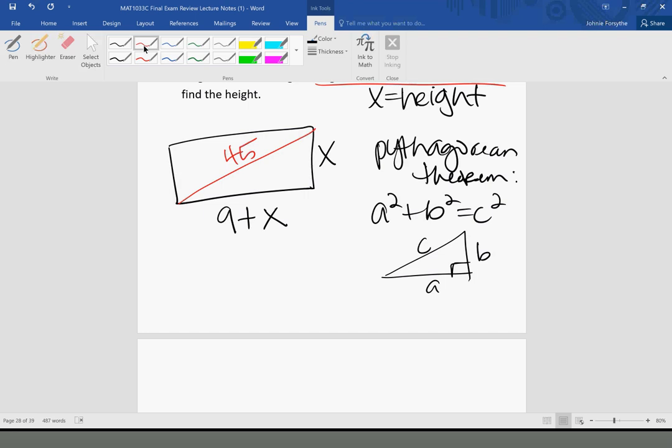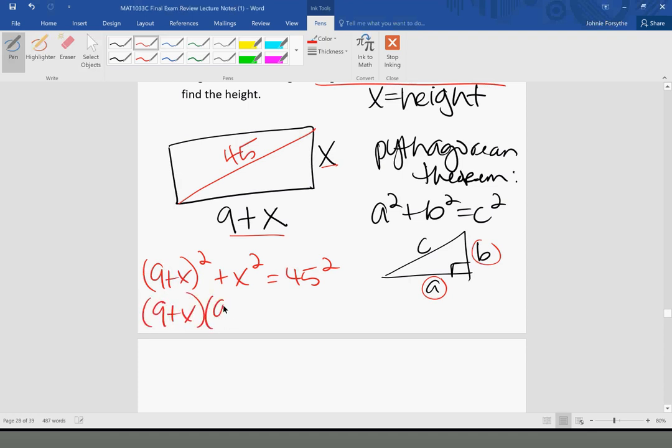Okay, so in this case, I'm going to say this is the same as A. This is the same as B. So I'm going to say nine plus x squared plus x squared equals 45 squared. So 9 plus x squared is going to be 9 plus x times 9 plus x, and 45 squared is 2025.